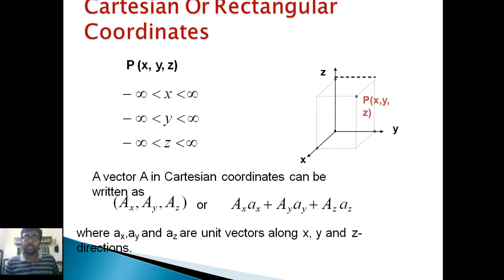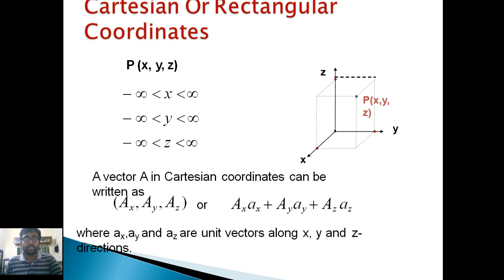This is the x-axis, this is the y-axis, and this is the z-axis. If we take the universe as a Cartesian or rectangular coordinate system, it will start at minus infinity and end at plus infinity, and it will be the same for y and z, all three of them.